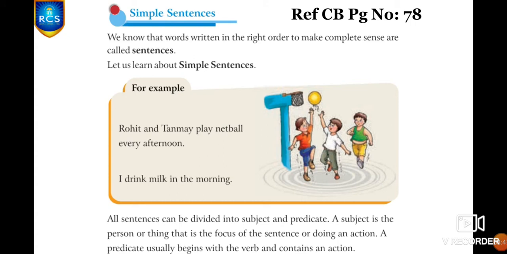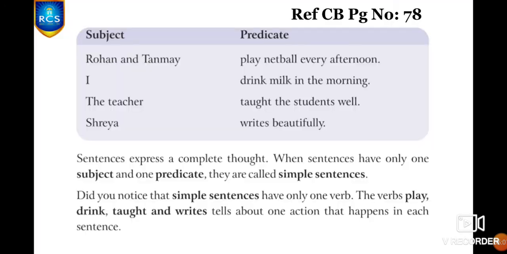All sentences can be divided into subject and predicate. A subject is the person or thing that is the focus of the sentence or doing an action, and a predicate usually begins with the verb and contains an action. Let me tell you with some more examples.